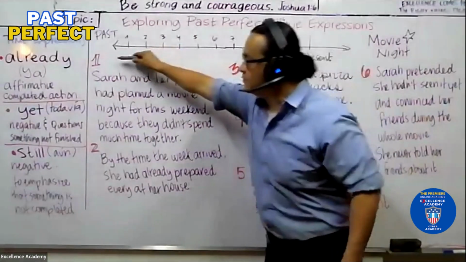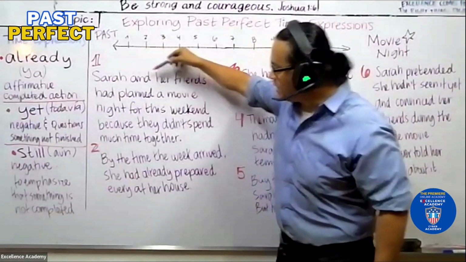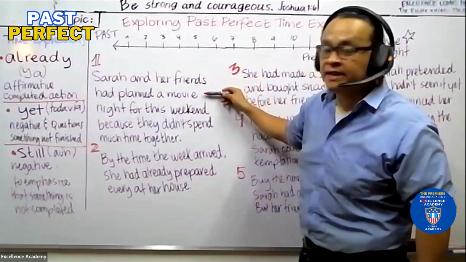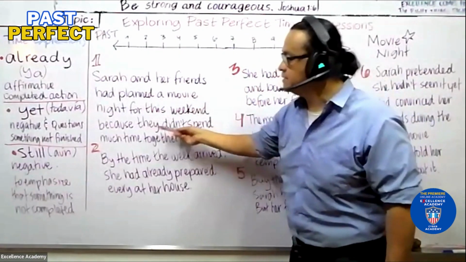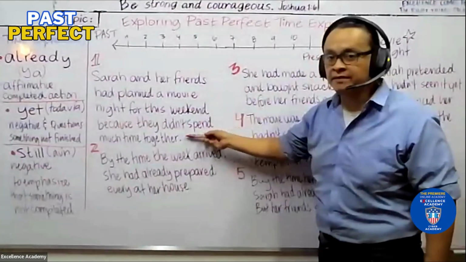Paragraph number 1. Sarah and her friends had planned a movie night for this weekend because they didn't spend much time together.